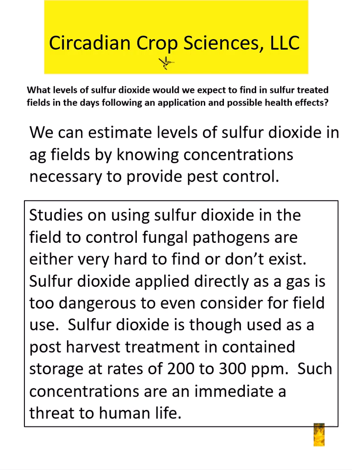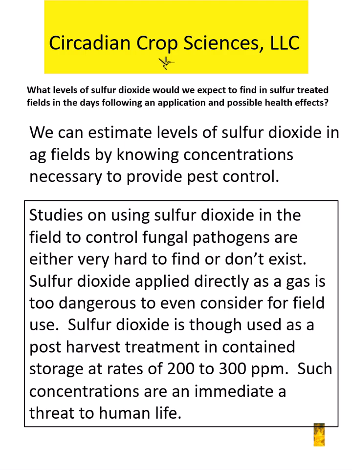Studies on using sulfur dioxide in the field to control fungal pathogens are either very hard to find or don't exist. Sulfur dioxide applied directly as a gas is too dangerous to even consider for field use. So that's probably why we don't have those studies.